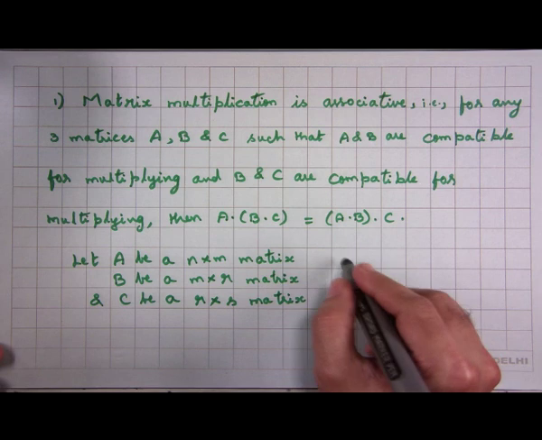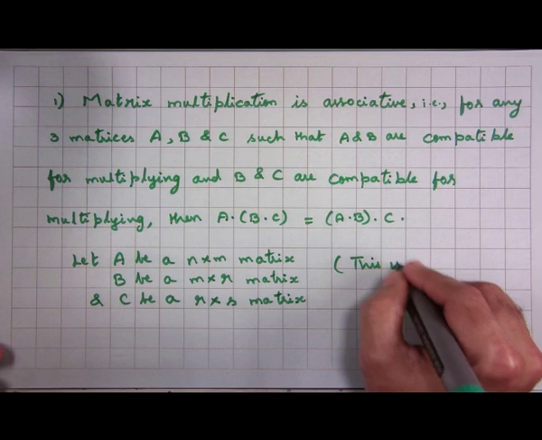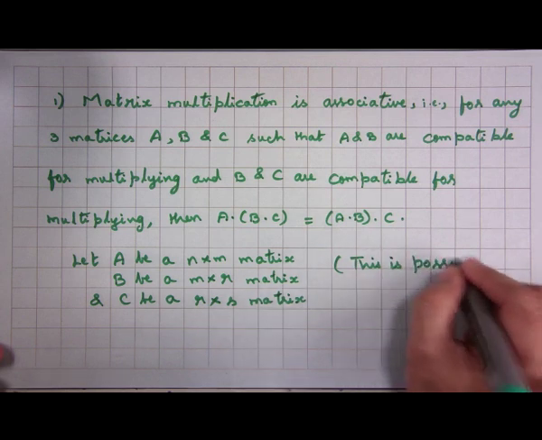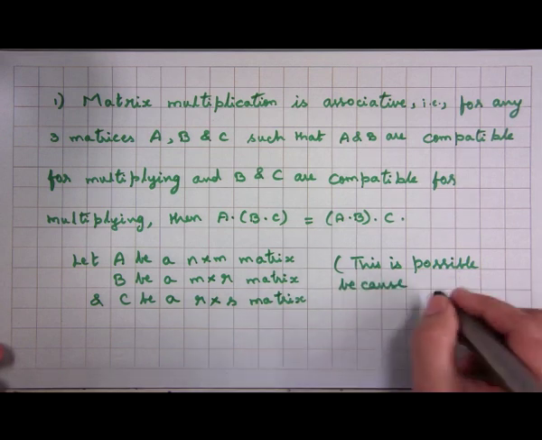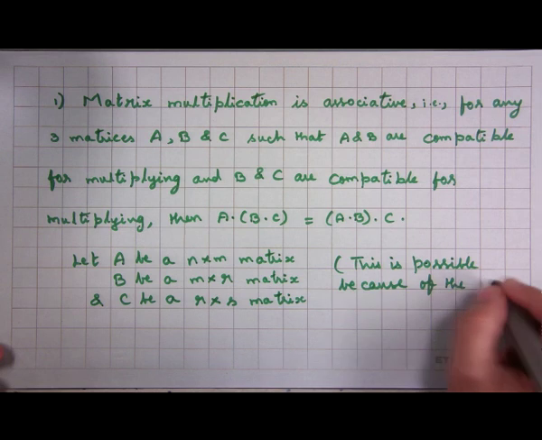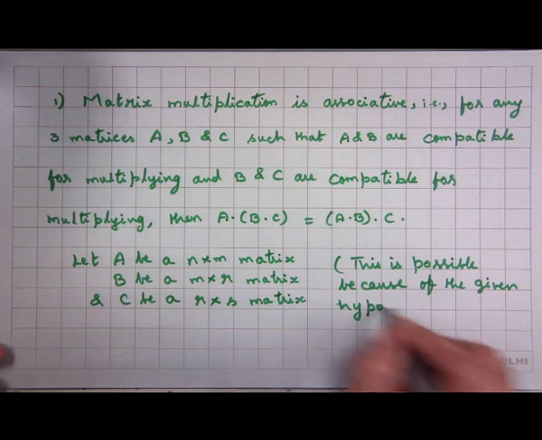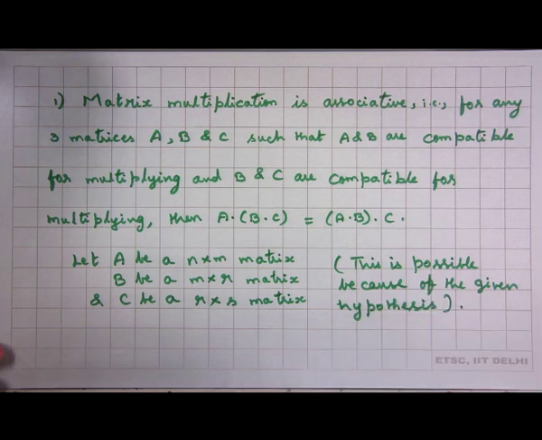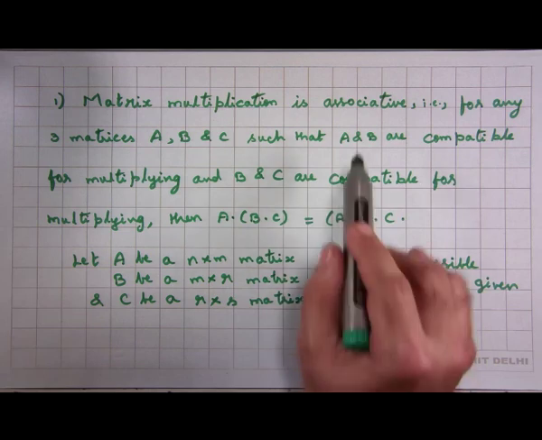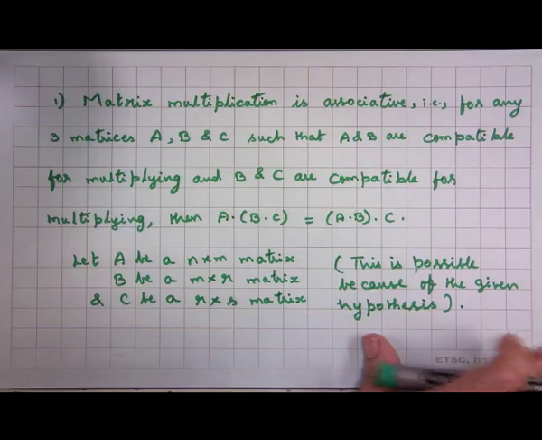This is possible because of the given hypothesis, that A and B are compatible for multiplying and similarly B and C are compatible for multiplying.